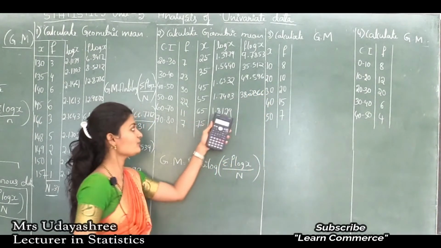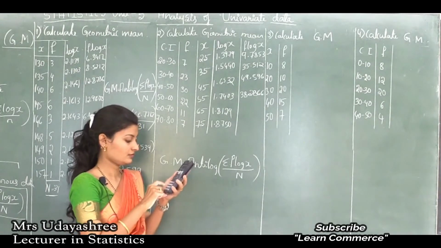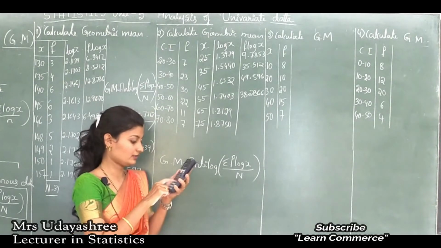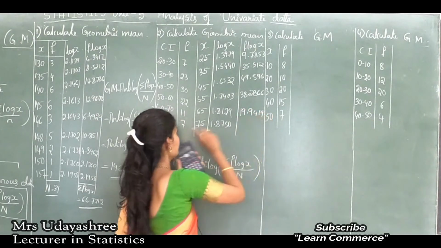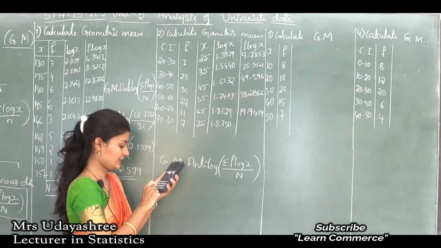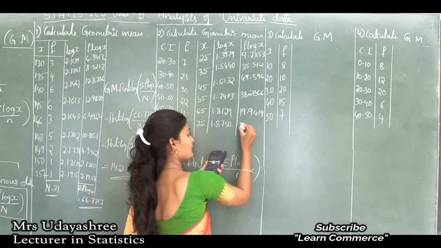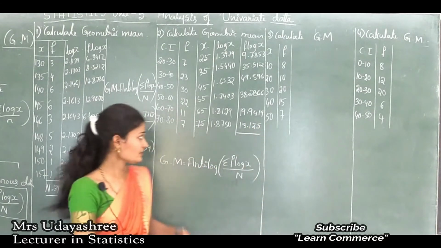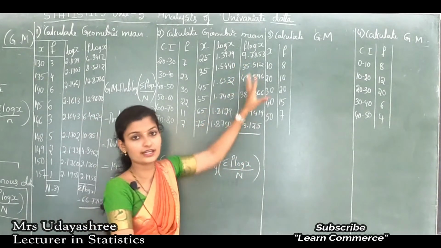Next, 11 into 1.8129 is 19.9419. Next, 7 into 1.8750 is 13.125.